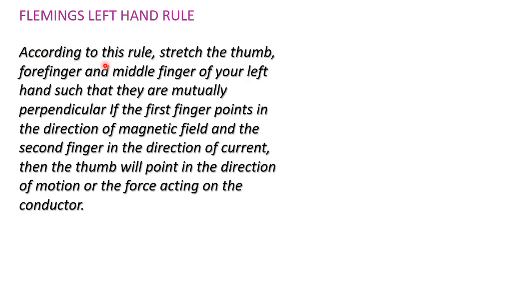According to this rule, if we stretch the thumb, forefinger and middle finger of the left hand such that they are mutually perpendicular, if the first finger points in the direction of magnetic field and the second finger in the direction of current, then the thumb will point in the direction of magnetic force acting on the conductor.